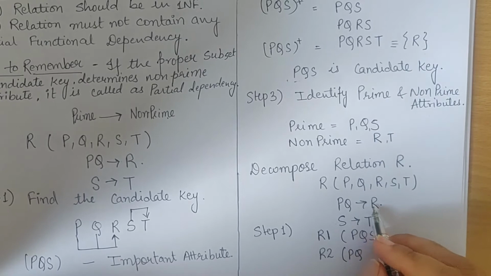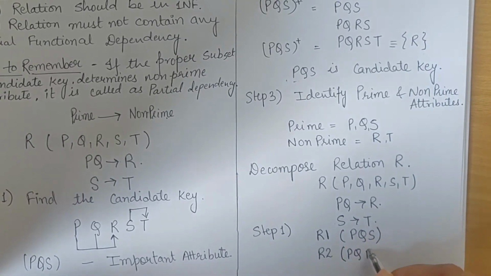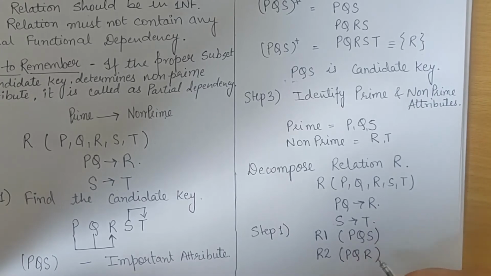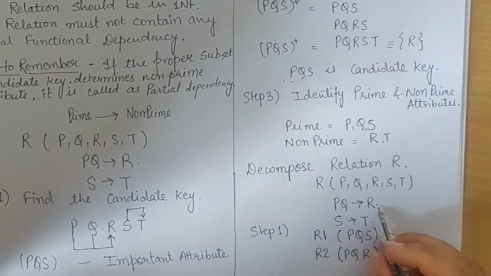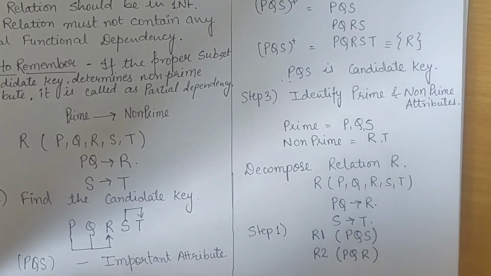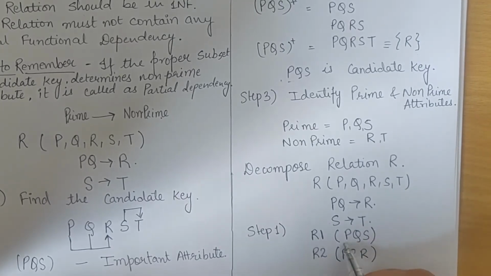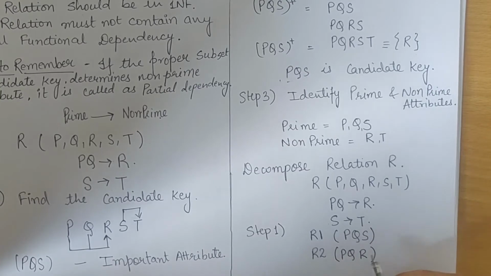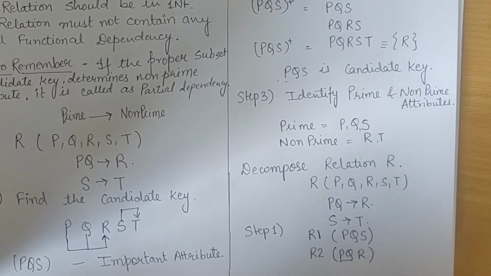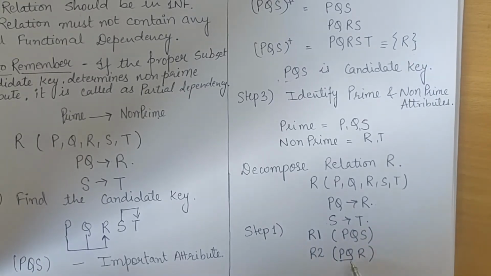And who is dependent on PQ? R is dependent on PQ. Anyone dependent on R can also come here. But here nobody is dependent on R. So only PQ and R will come here. For this table PQS is the entire candidate key. For this table we will make PQ a key. Okay. So this functional dependency is solved.